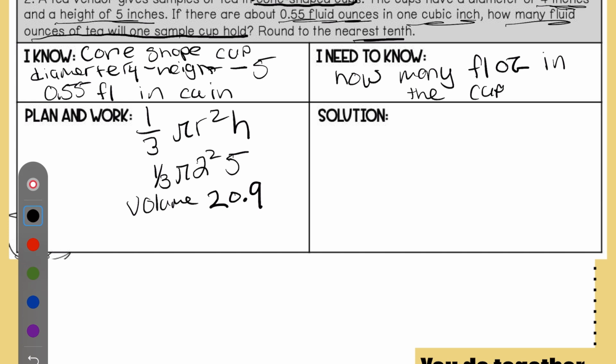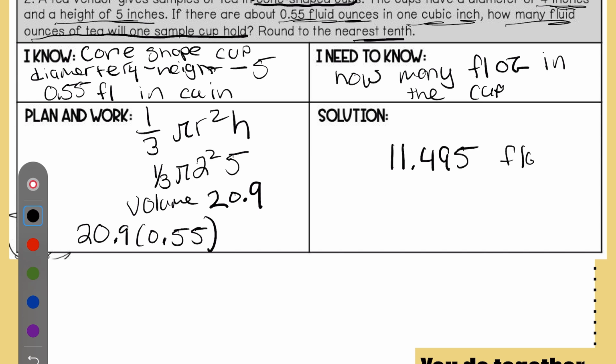And then we have to find out how many fluid ounces are in the cup. So we just need to go ahead and multiply that 20.9 times 0.55. And we get the solution we need, which is 11.495 fluid ounces.